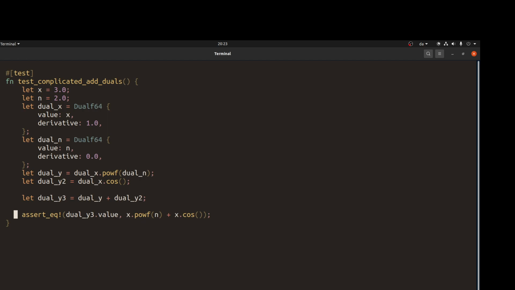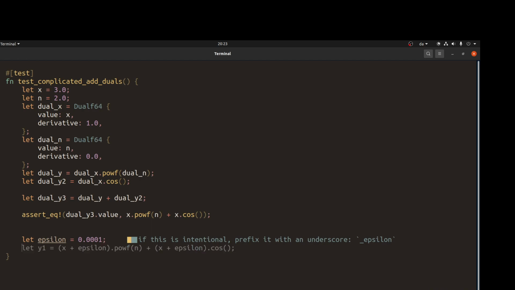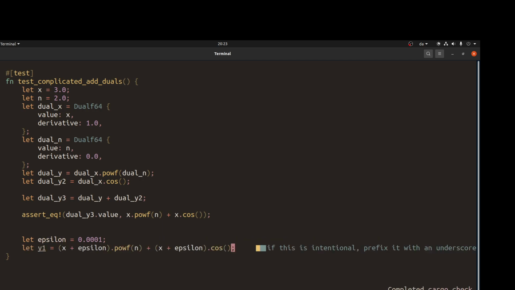But how about the derivative? Probably we'll need some finite difference again, because it's too much to ask to calculate it exactly, I think. So we basically want to calculate dual 3 for 2 different values. So here it is.